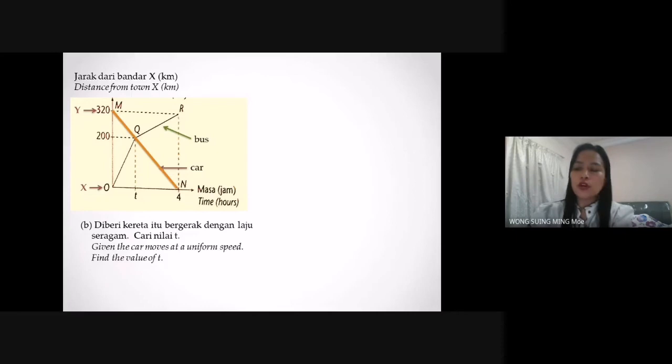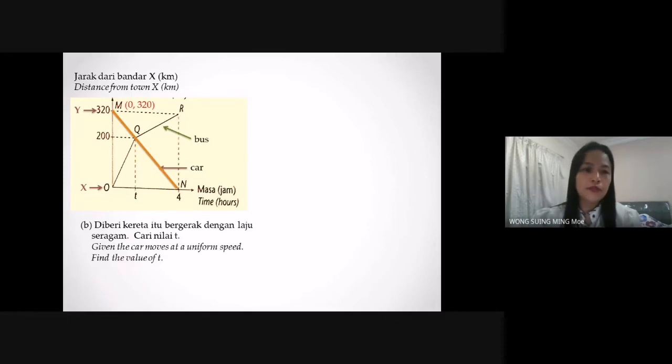As I mentioned before, to find the speed from the distance time graph, we can use formula gradient or formula speed equal to distance over time. Now we use the gradient to find the speed of the car. If the line is a straight line, the gradient of any part of the straight line is equal. So I compare the gradient of MN equal to gradient of MQ.